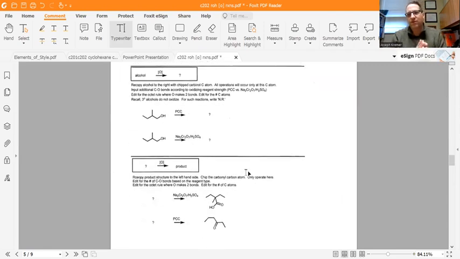Another problem, which is very common, is you're given the ChemDraw structure on the left, and you're given the particular oxidizing reagent, PCC or sodium dichromate sulfuric acid, Na2Cr2O7. One of those. So you're given the ChemDraw structure of the alcohol, and the formula of the oxidizing reagent, and you're asked to draw the product forward. What is the product structure on the right?